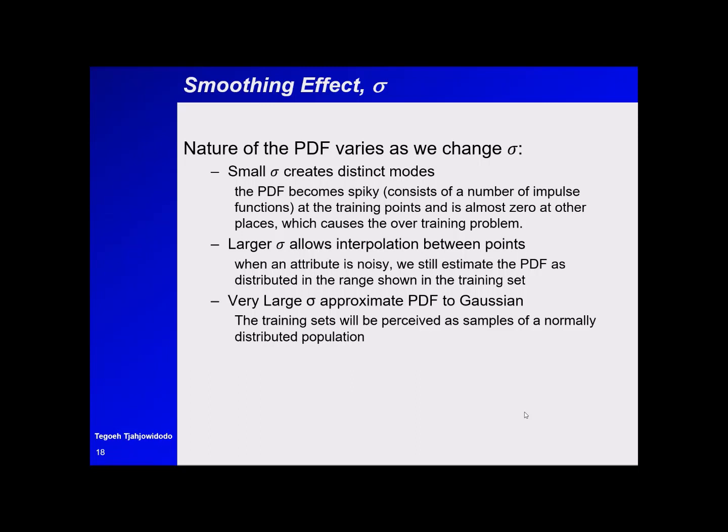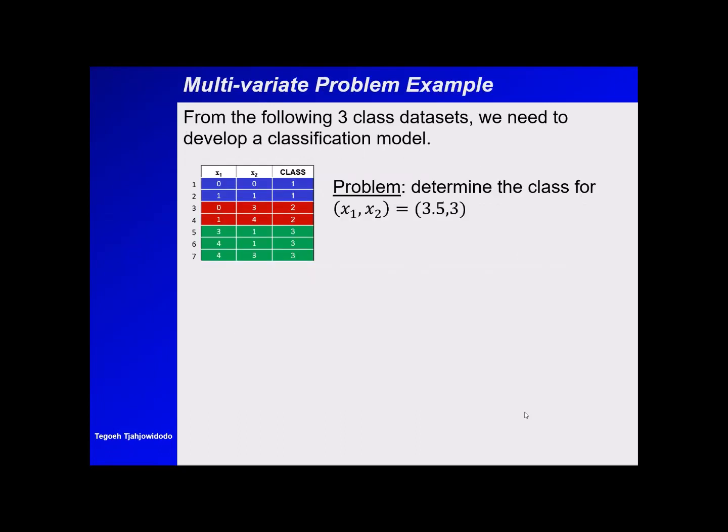Okay. So the previous example that we just discussed was an illustration of a single input. Let's take a look now at how it will work if we have multiple inputs. This is an example of a two input classification problem.